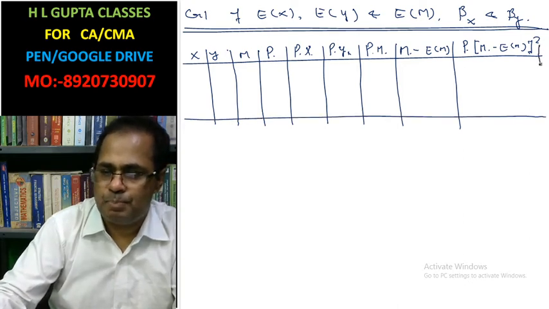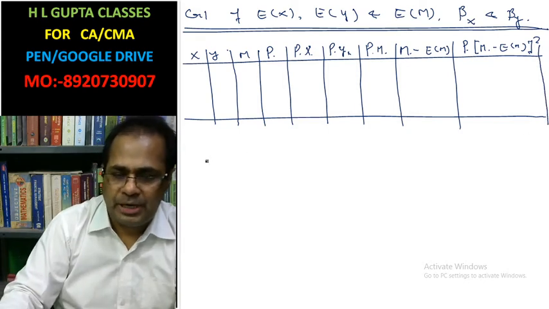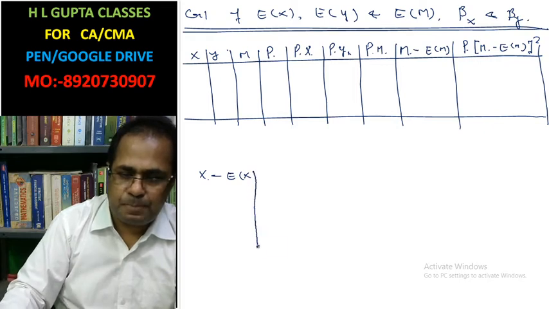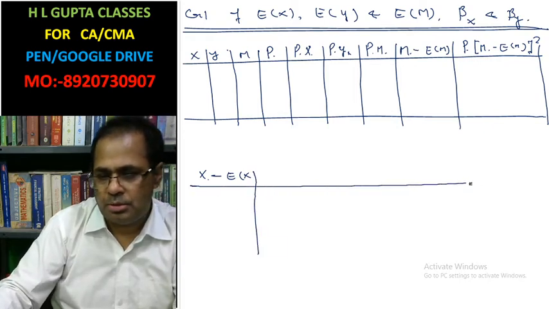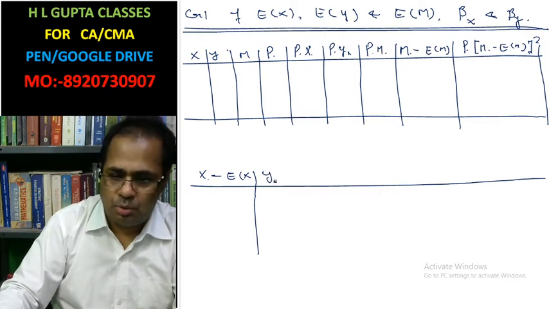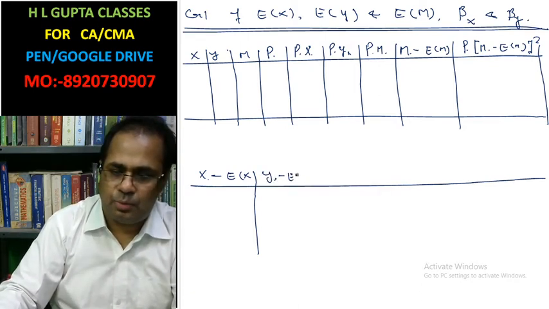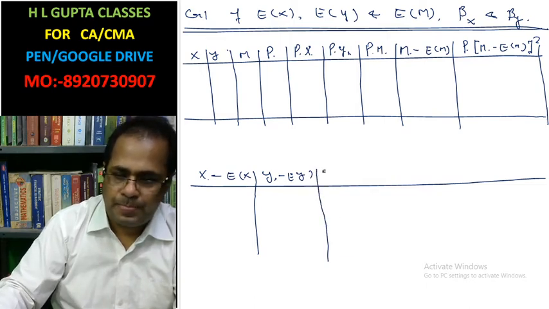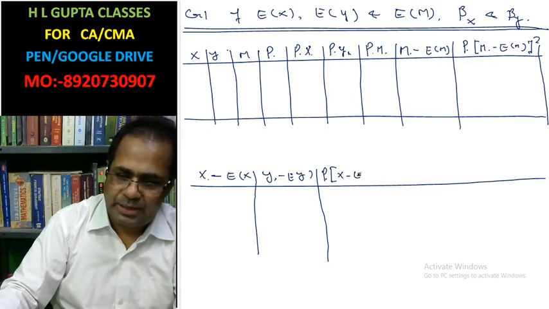Thereafter you have to calculate Xi minus expected X, Yi minus expected Y, and Pi times (X minus expected X) times (M minus expected M).